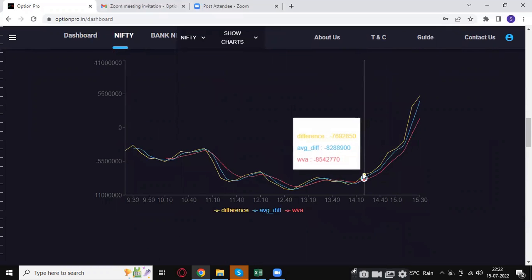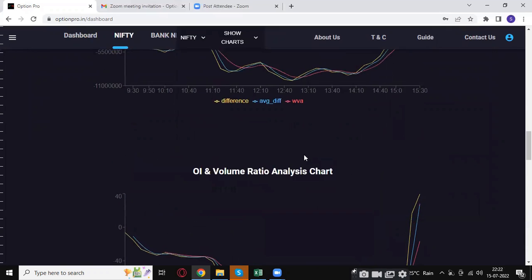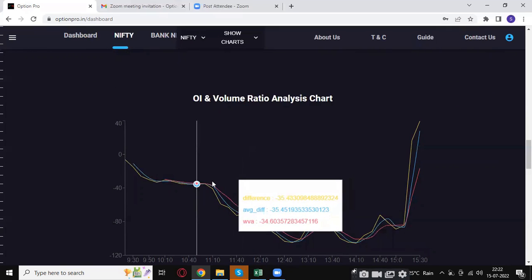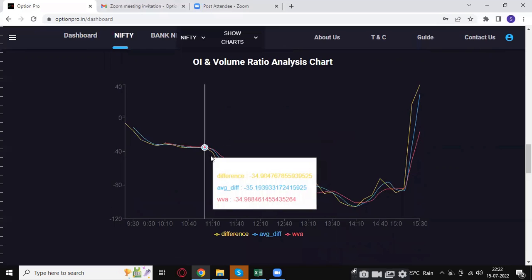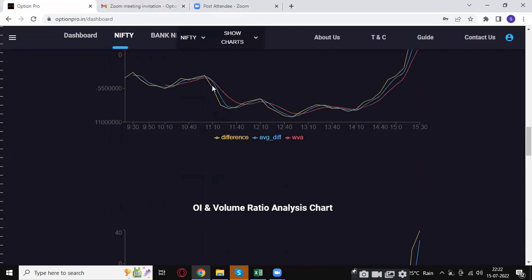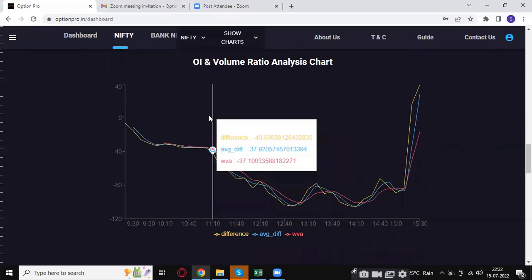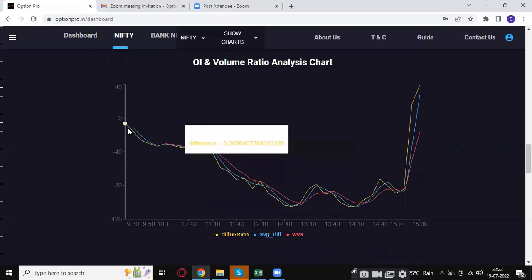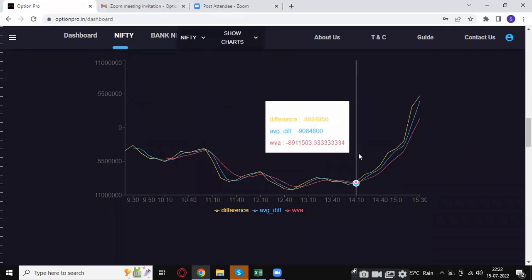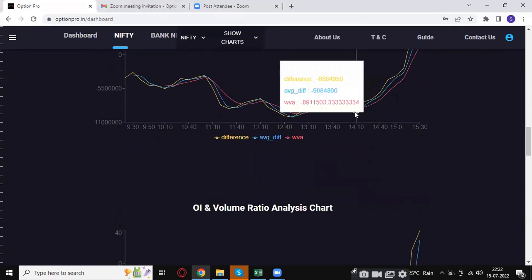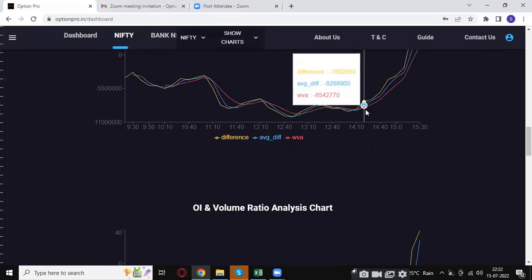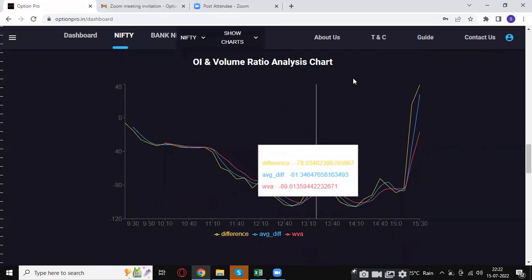If both tables are showing the same indication, here you can see that at 10:11 it gave a sell call. Here again, around 11, it gave a sell call. So you can sell because both the charts are giving the same signals. So it is a clear sell. And if both the charts are giving the same buying signals, then it is a clear buy. Based on that, you can take the trade.